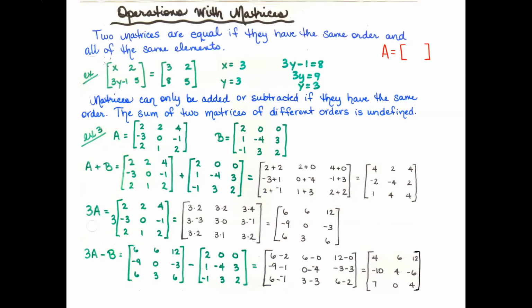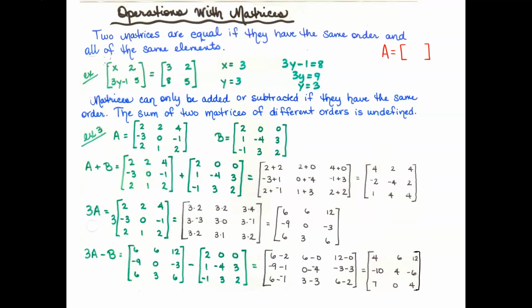Matrices can only be added or subtracted if they have the exact same order. If you have different orders, then we say that that sum is undefined. So it has to be a 3 by 4 and a 3 by 4, or a 1 by 6 and a 1 by 6. They have to be identical.